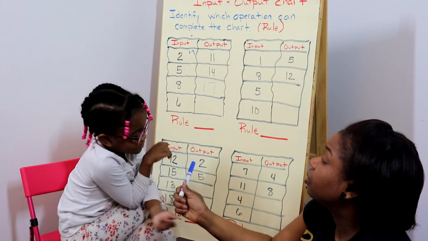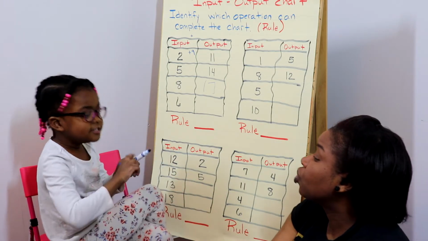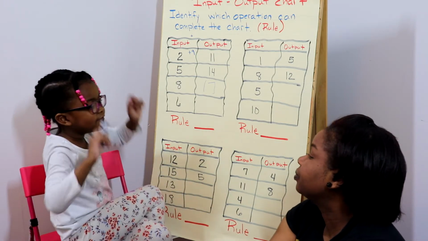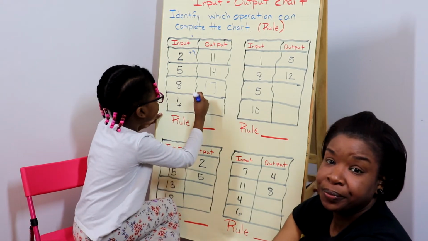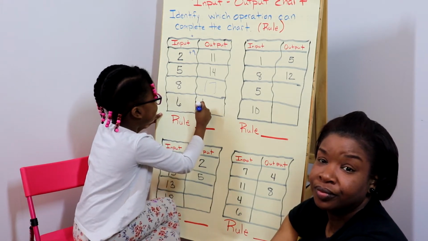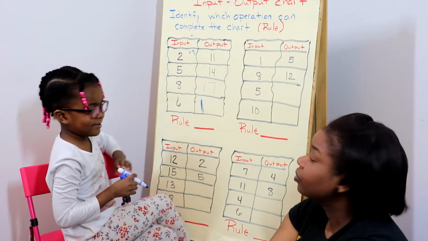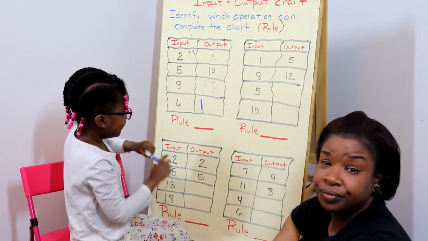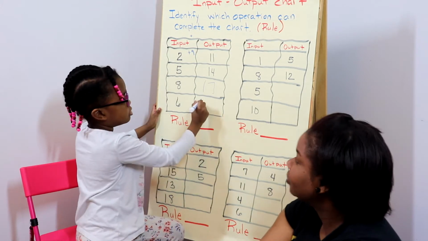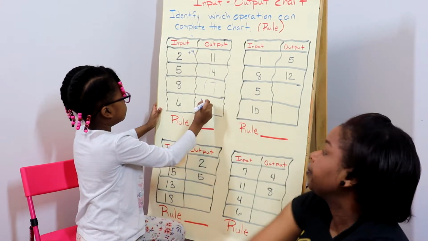So write 15. All right, write it up there. Okay, write your 5. It didn't go that way, it goes this way. There's 5 right there.